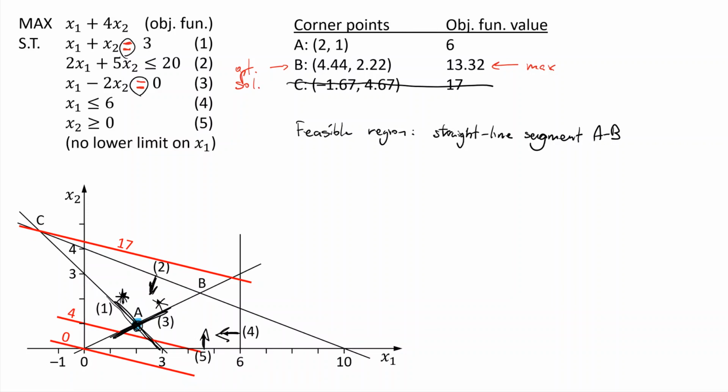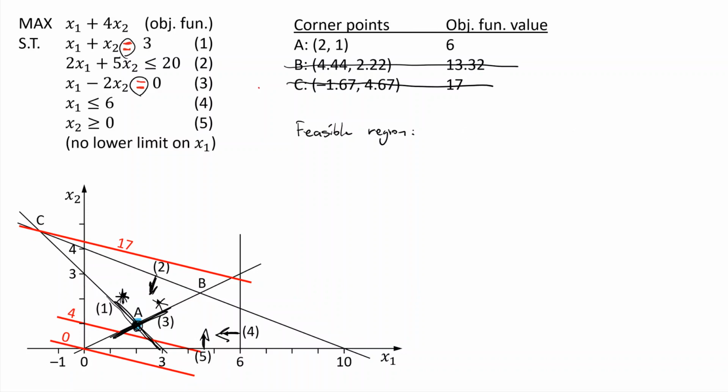So in this case, again, the situation changes. Now even B is not feasible. So I can cross it out of the corner points, and actually the only feasible solution of this problem is point A. So the feasible region now is not a straight line segment or anything like this.